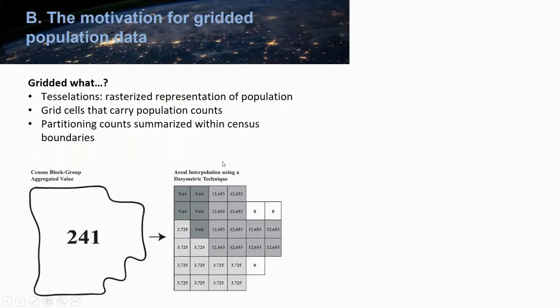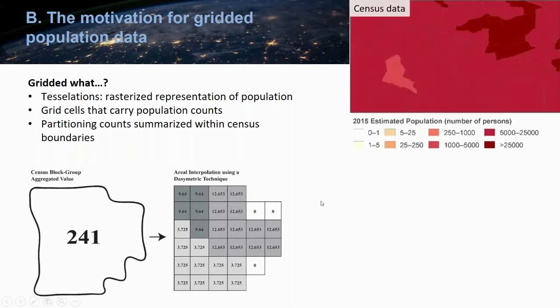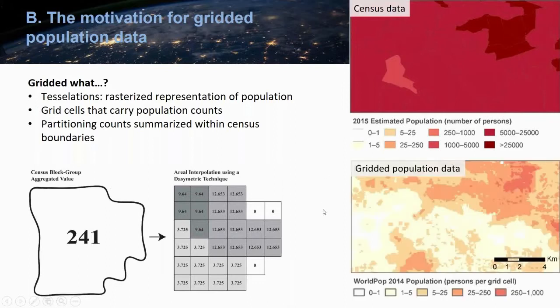The goal is to reallocate population counts to, for example, grid cells, and thus finer resolution data where every cell holds a cell value that represents the population count at very fine scale. So the idea of creating grids is to break down traditional census data to something like spatial distributions of population that hopefully can be used at finer resolution and allow us to use these data sources for fine-scale target applications.